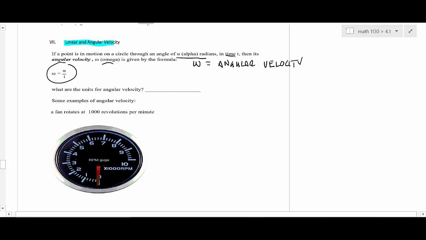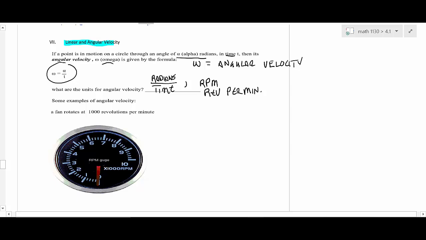Okay, so what you end up getting when you're doing angular velocity, the units typically are this way. They're usually radians per unit of time. So it could be like radians per minute, radians per second, or something like that. Another possibility is like RPMs, which stands for revolutions per minute. Okay, that's a real standard that we use to measure this.